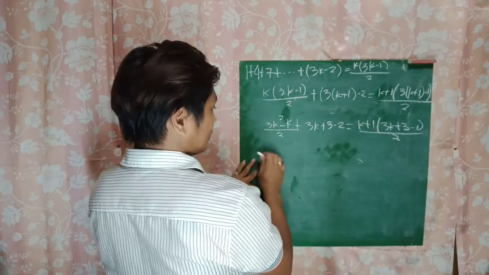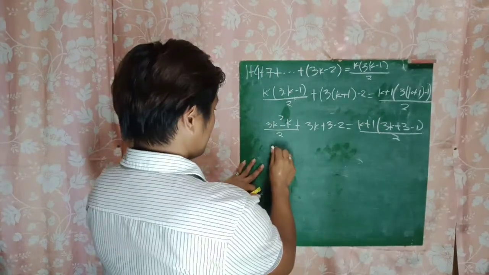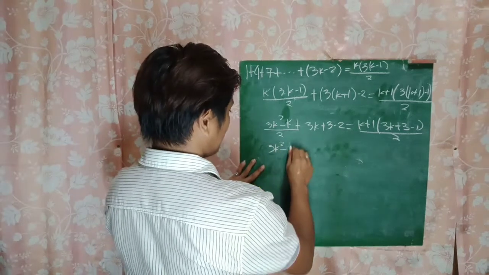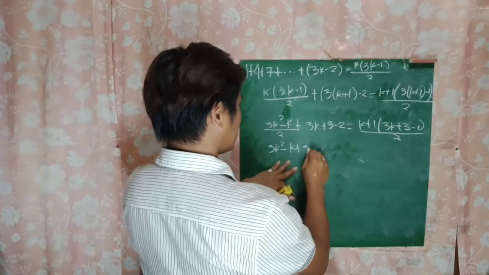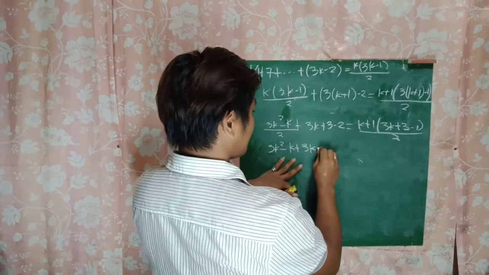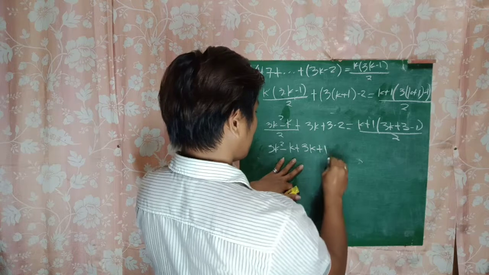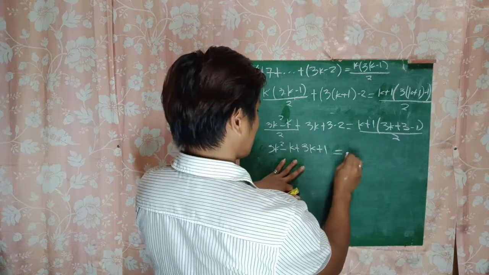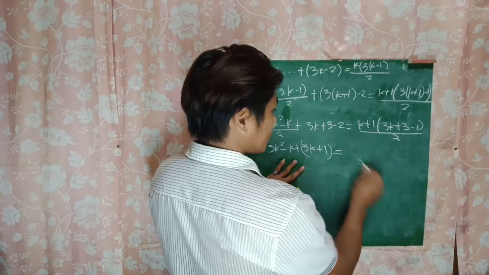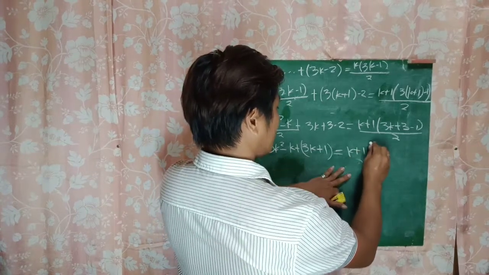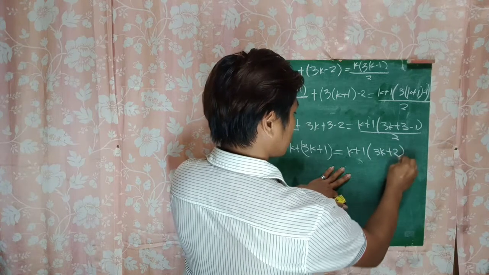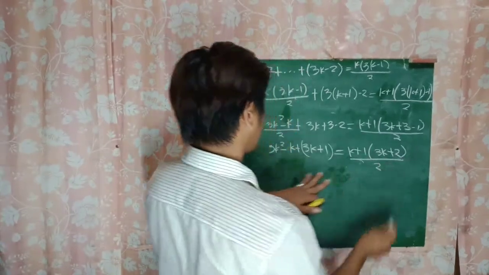So copy 3k squared minus k plus 3k plus 1 equals (k plus 1) times (3k plus 2) over 2.